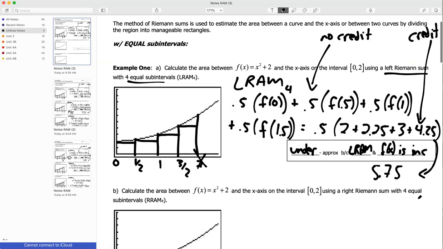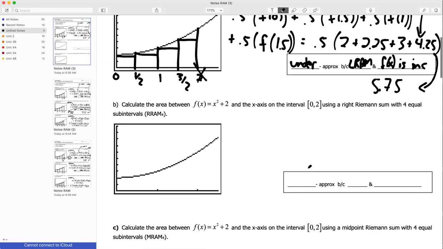So part B here says calculate the area between this curve and the x-axis on the interval from 0 to 2. And we're going to use a right Riemann sum this time and still keep the 4 equal subintervals. So this is an RRAM. And let's draw it here. Again, we're going from 0 to 2.